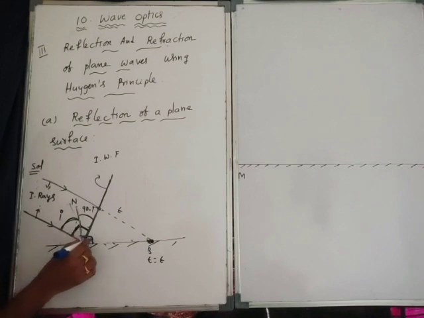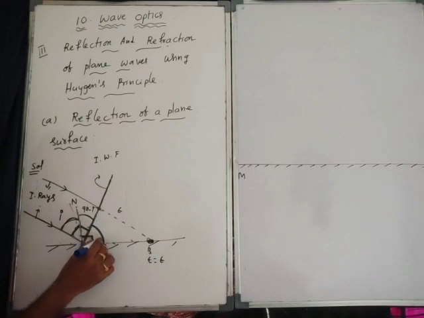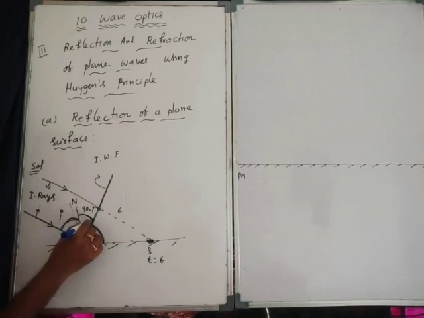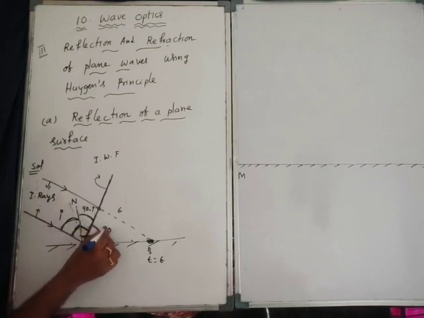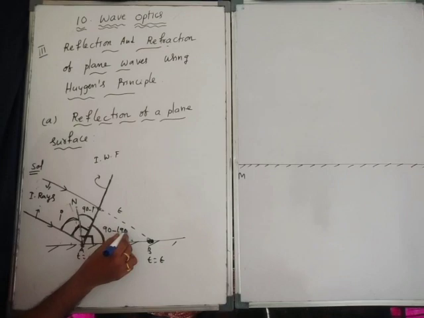Now from here to here how much will come? From here to here is 90, and you know this value: 90 minus i. So this is 90, and this will be 90 minus i... so the 90 gets cancelled and this is i.